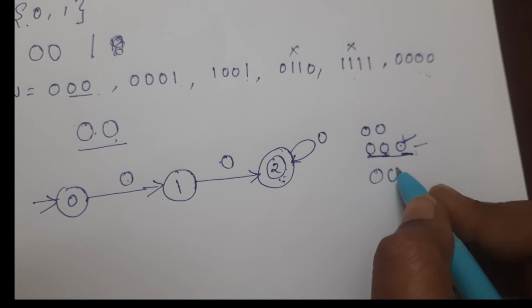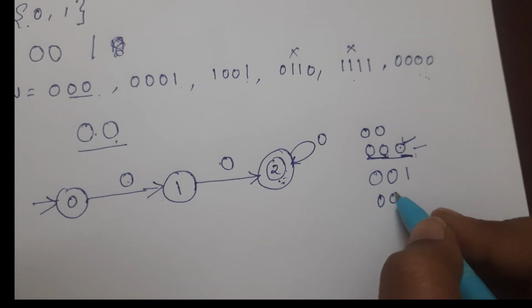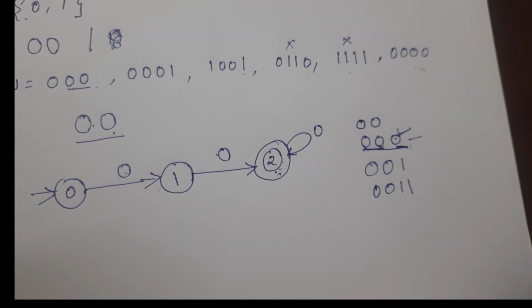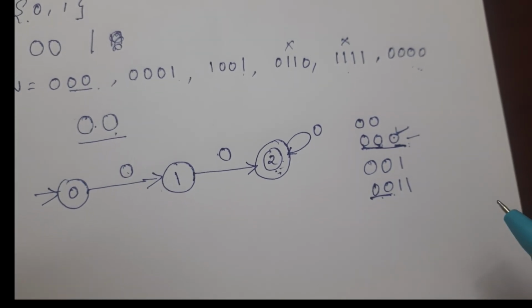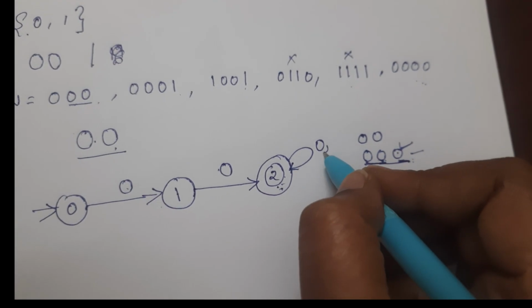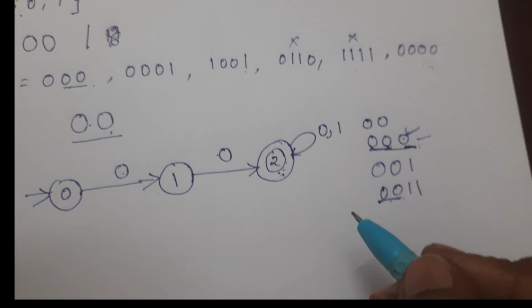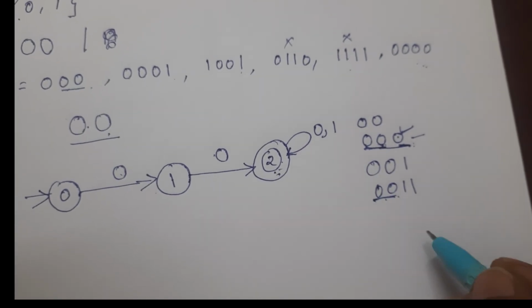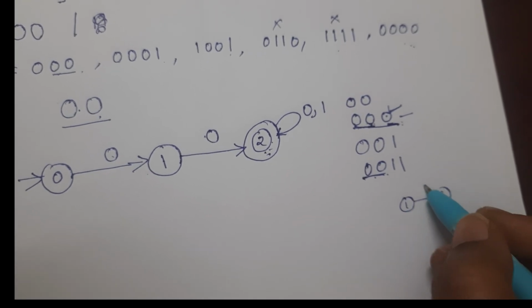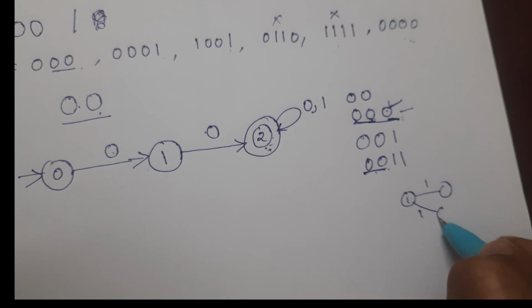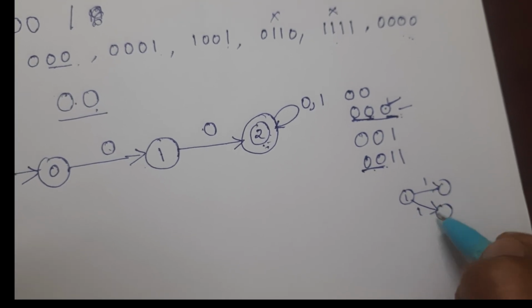What about this one? I have this double zero satisfied, so we'll add 1 over here. Remember, on a DFA, from a state taking the same input it should not move to more than one state.